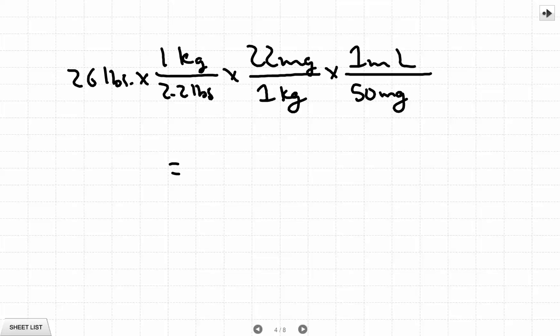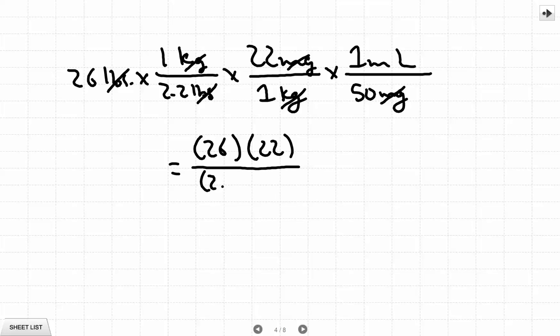So now what do I have in my final answer? Goodbye pounds, goodbye kilograms, goodbye milligrams. So I've got a factor of 26, and I've got a factor of 22, and in the denominator I have a factor of 2.2, and I have a factor of 50, and that's going to be milliliters.